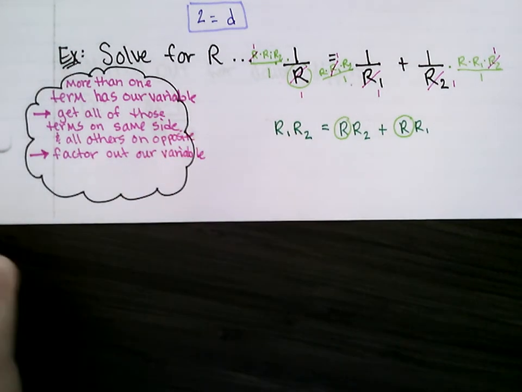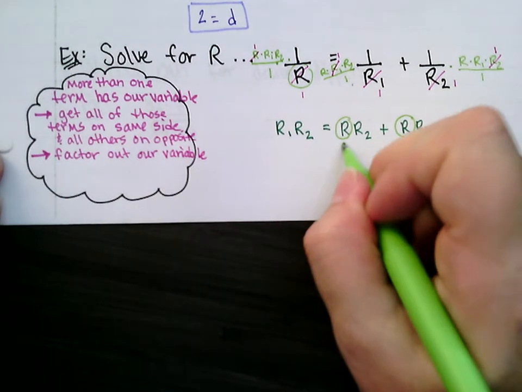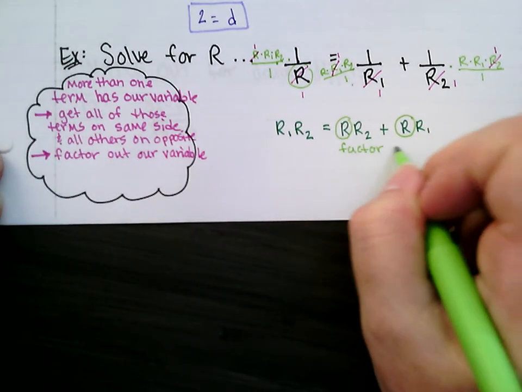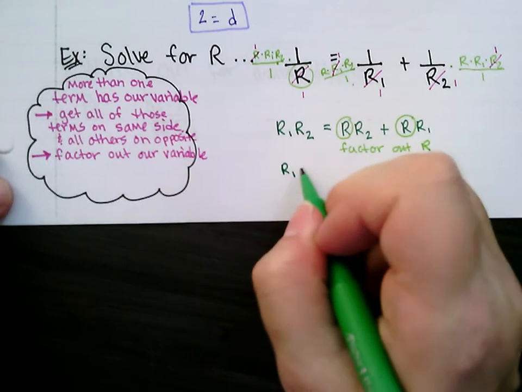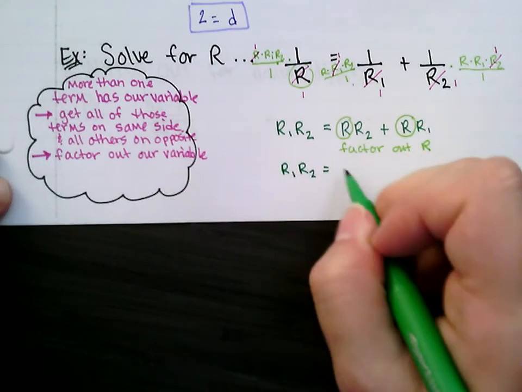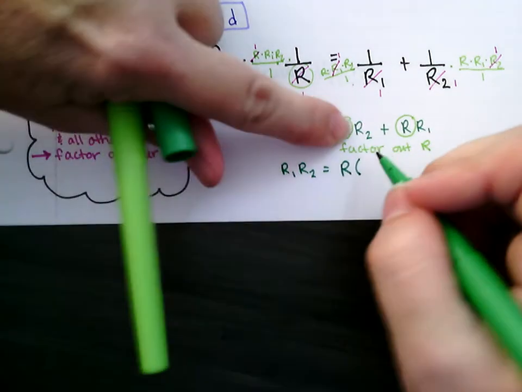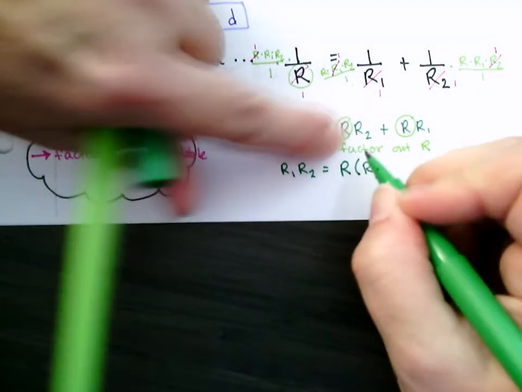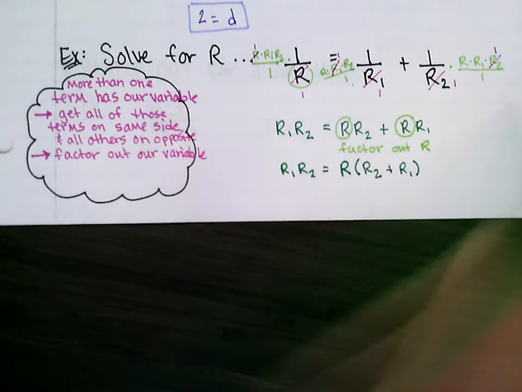So we're going to factor out, excuse the bells, that capital R. So that's going to leave the left side the same, R1, R2 equals, bring the R out to the front, which is going to leave us R2, because we put that out front, plus R1.